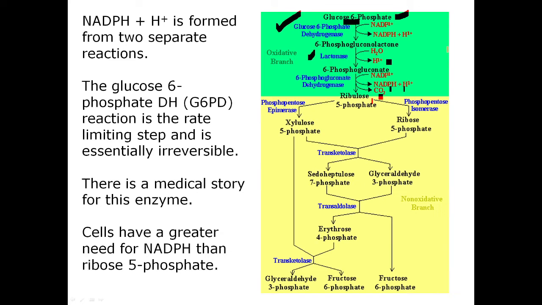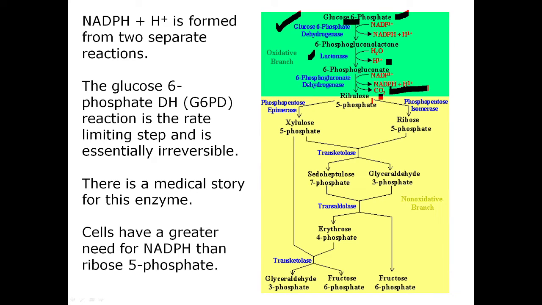So what is happening here is that glucose 6-phosphate is getting converted into 6-phosphogluconolactone. One NADPH is generated. 6-phosphogluconolactone is getting converted into 6-phosphogluconate. Next, 6-phosphogluconate is getting converted into ribulose 5-phosphate. Previously this was a 6-carbon sugar, 6-phosphogluconate. Now it has got converted into ribulose 5-phosphate, and one extra carbon got removed.